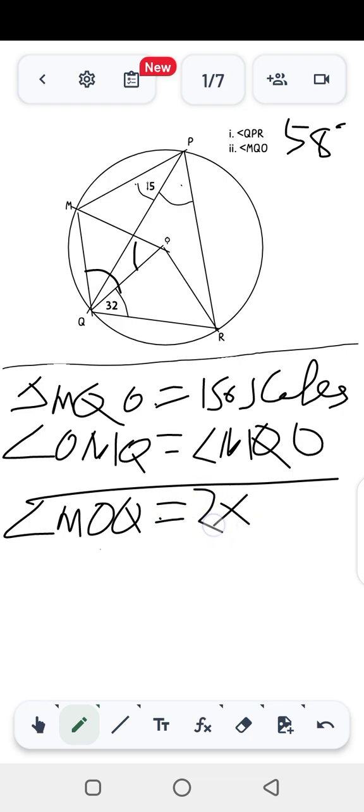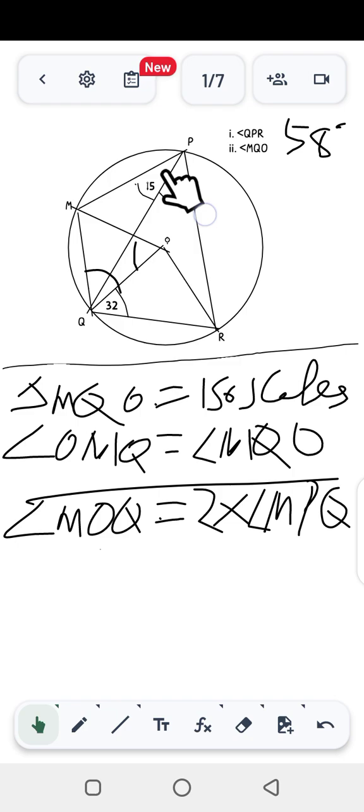Angle MOQ is 2 times angle MPQ. Why? Because it is the chord MQ that makes this angle 15, which is the angle MPQ.